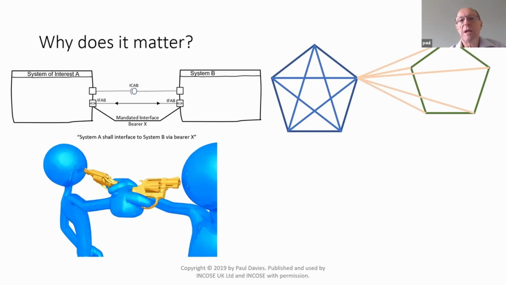Okay, so even if we make one, let's call it a concentrator node, responsible for managing the communication with the external systems, that's an additional 5 interfaces.